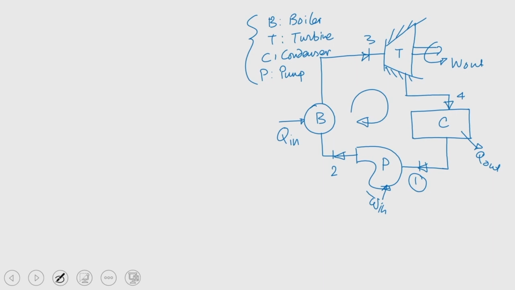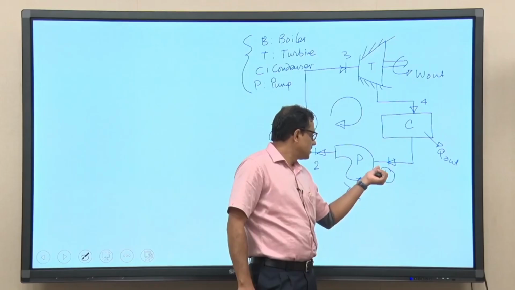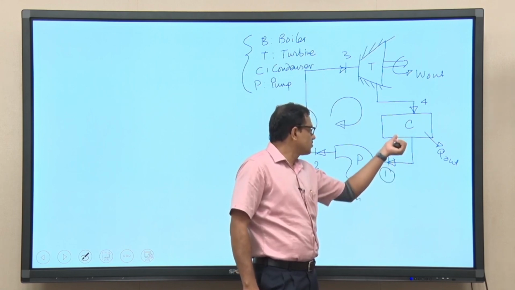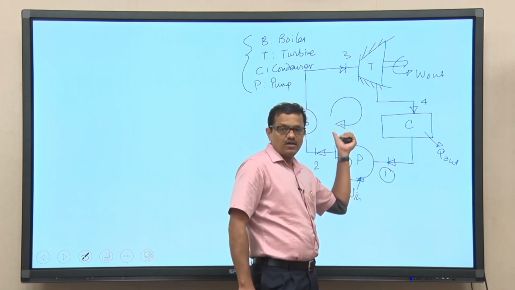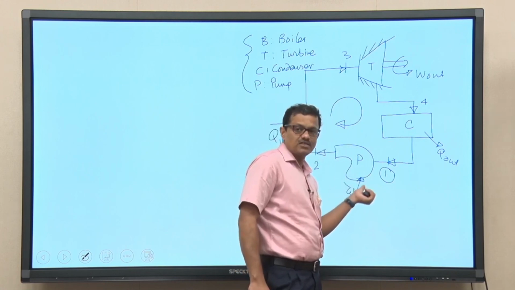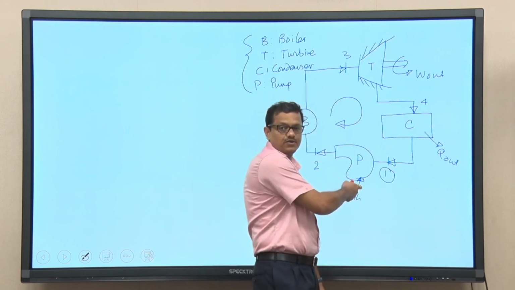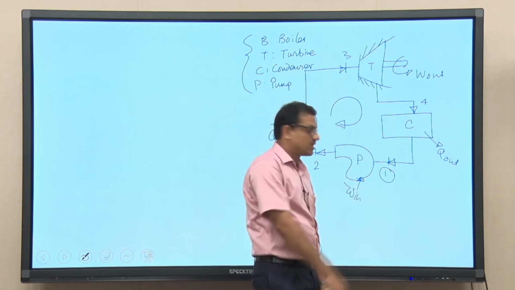So, when this pump is supplying the saturated liquid from the condenser to the boiler, because of this pumping process we need energy input, that is W, in the form of work.